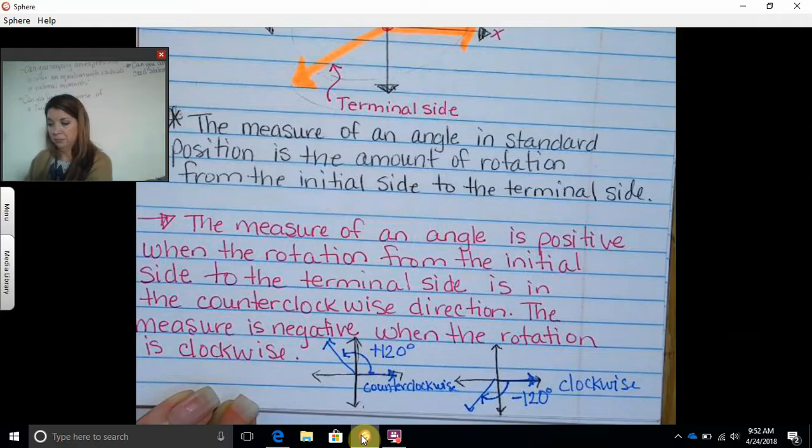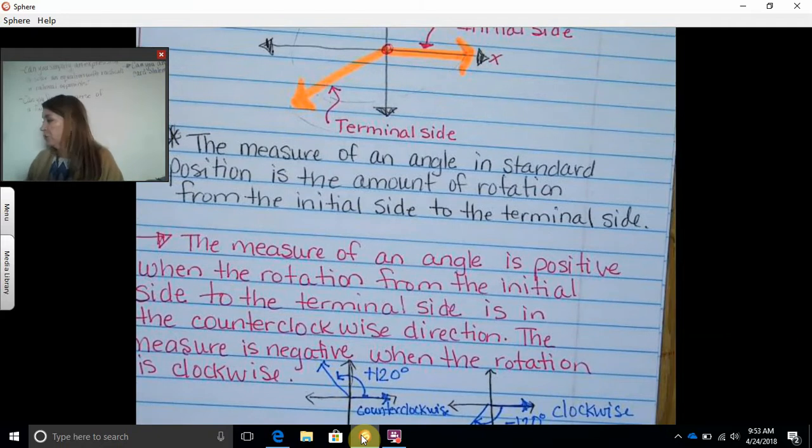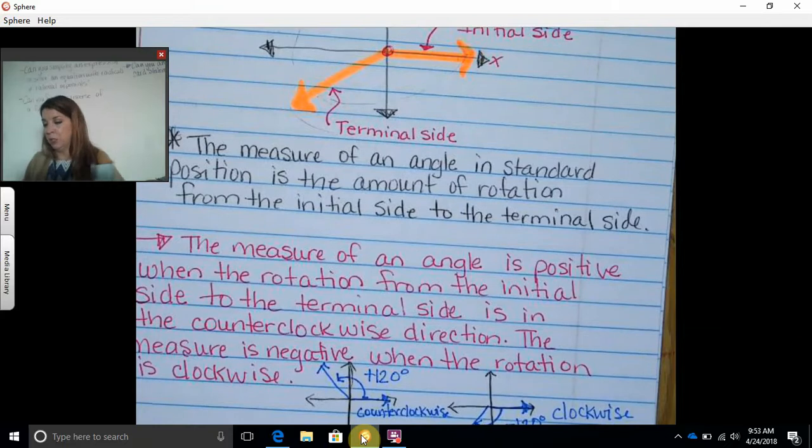Okay? Do you have questions so far? All right, so on page 199, we're going to glue in the unit circle. You can just put it right in the middle of the page. On page 199.